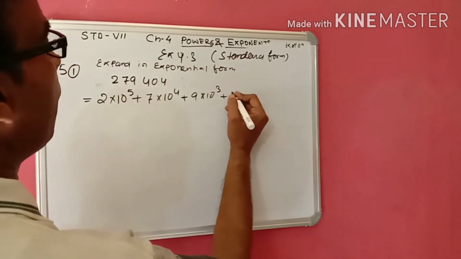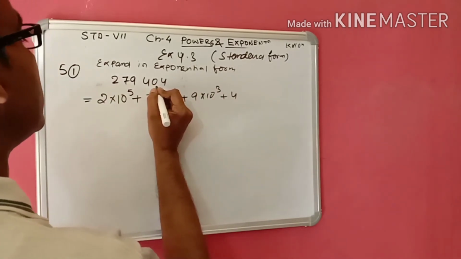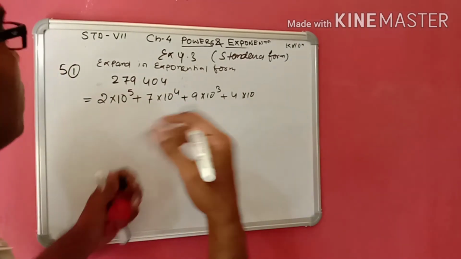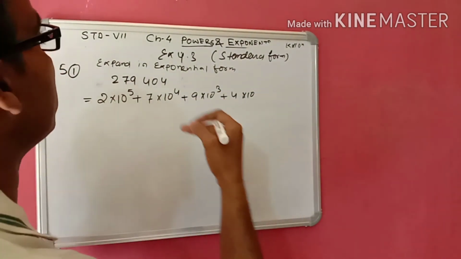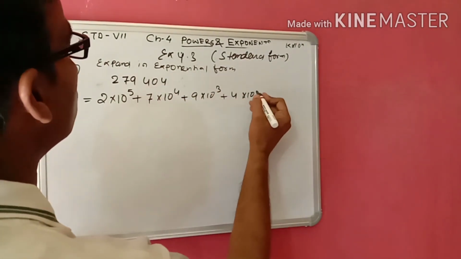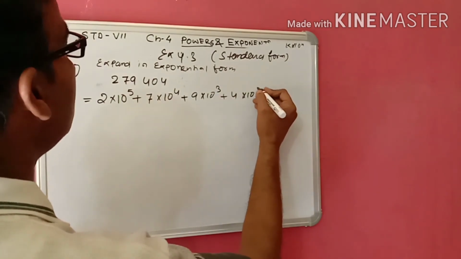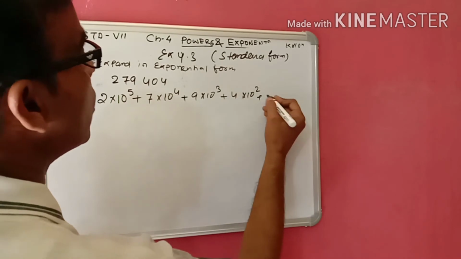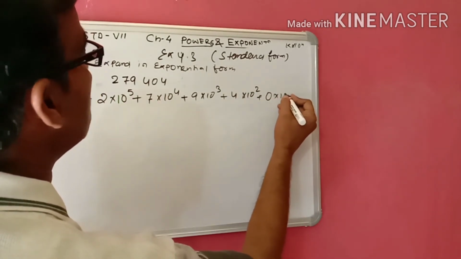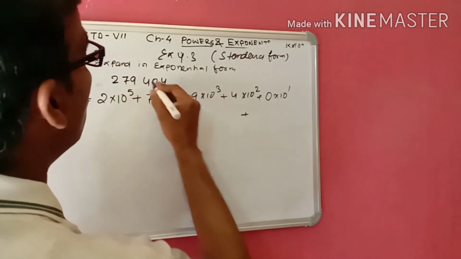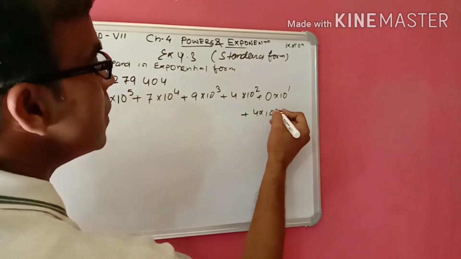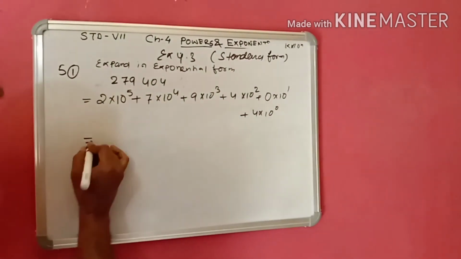Now 4, after 4, how many digits are there? 1 2, so into 10 to the power 2. Now 0 into 10 to the power 1. Now 4 into 10 to the power 0.